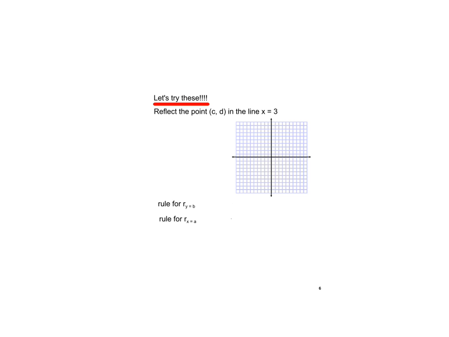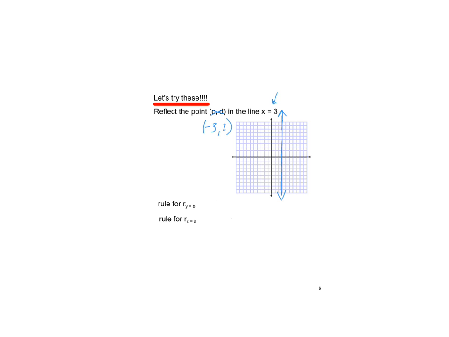All right, so this says reflect the point (c, d) in line x equals 3. I'm going to change this. I don't think we're ready for variables just yet, but reflect the point, we're going to say (-3, 2). And the line x equals 3, we have to remember from algebra, is a vertical line at 3 on the x-axis. So this is the line that we're reflecting in.